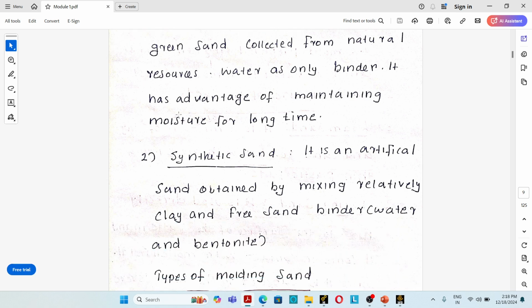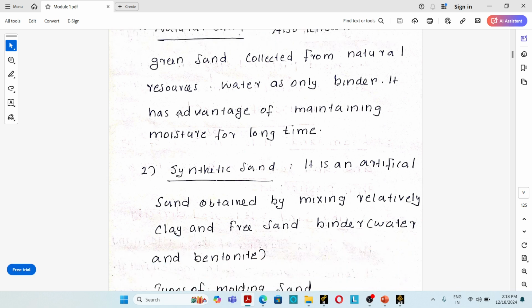The second classification is synthetic sand. Synthetic sand is artificial sand obtained by mixing clay and free sand, with water and bentonite acting as the binder. Since the binding agent is bentonite, synthetic sand has more strength compared to natural sand.